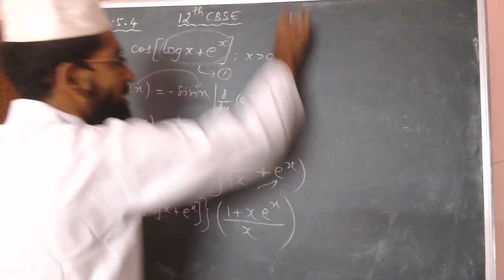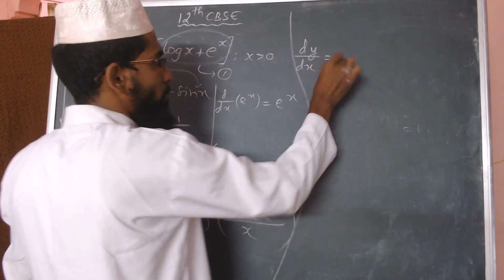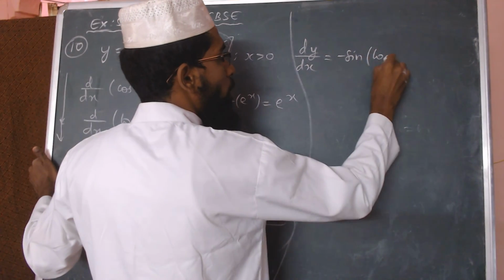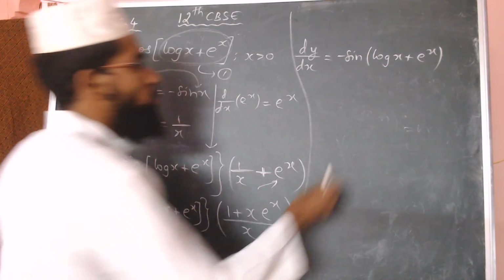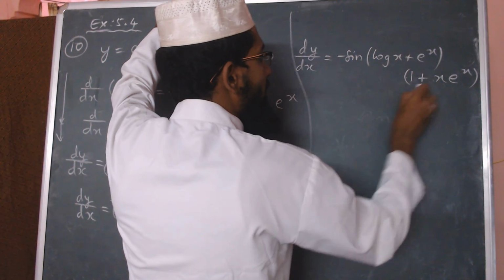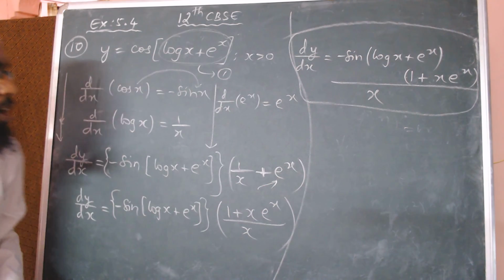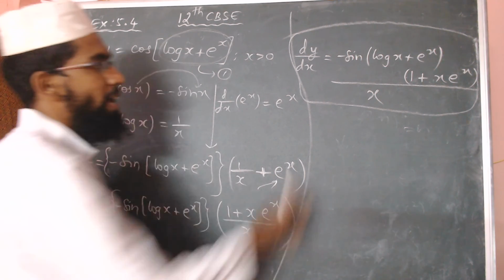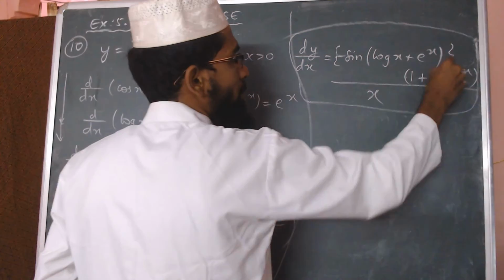I can put it together and write dy by dx equal to minus sin of log x plus e power x into 1 plus x e power x, the whole divided by x. I don't have space, so instead of writing it here, I am writing it here. So that's it. This is my dy by dx.